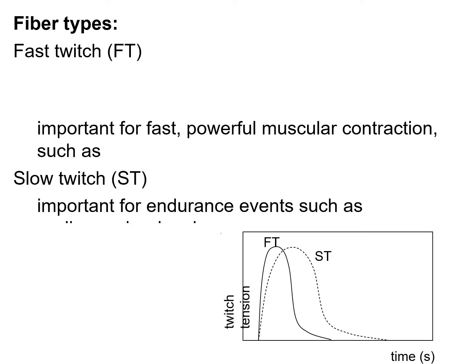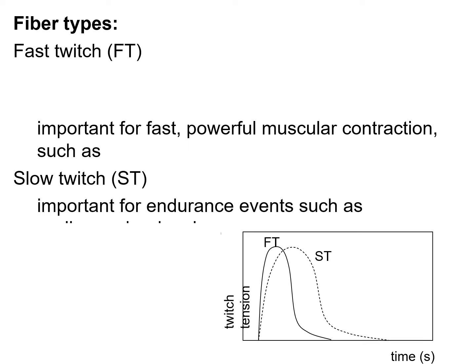So besides the motor units, when we look at fiber types, we have fast twitch muscle fibers and slow twitch muscle fibers. You'll also hear fast twitch muscle fibers called anaerobic muscle fibers, as far as they don't require oxygen to produce and use ATP.